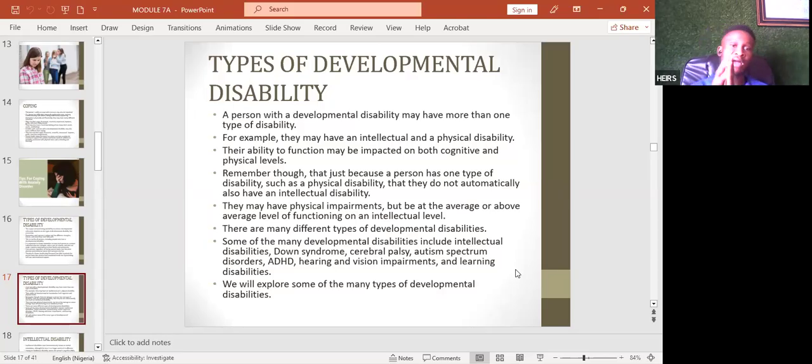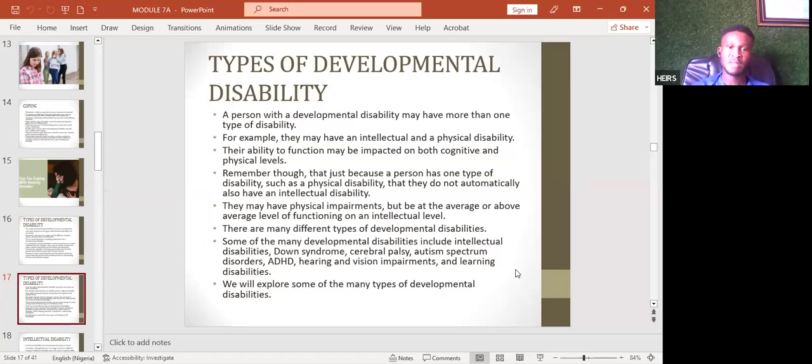Fine, some may have intellectual disability and not have physical disability, while some may have both. But as much as it is, we are not the judge of it. So they may have physical impairments, but they may be average or above average level of functioning on an intellectual level, and they may have different types of developmental disabilities.